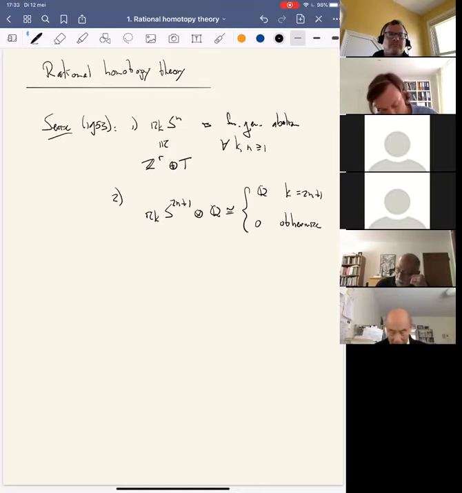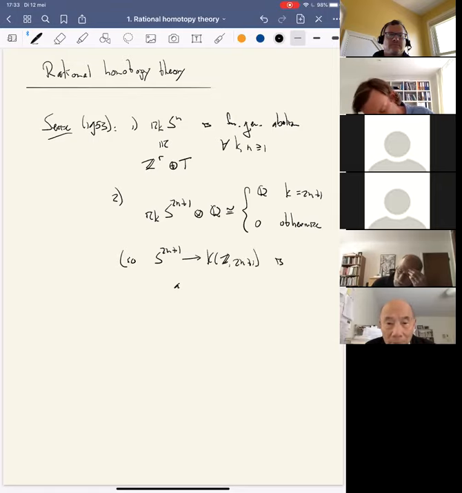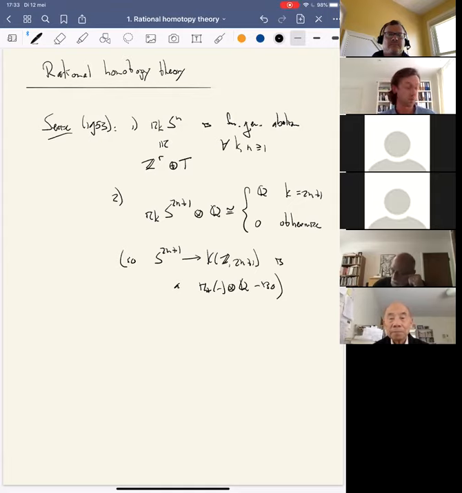Right, so a different way to say this is that the map from this odd sphere to its bottom Postnikov section is a rational equivalence, or is a π_* ⊗ Q isomorphism. All right, so that's sort of the simplest possible answer you could possibly hope for, and yeah, it works.